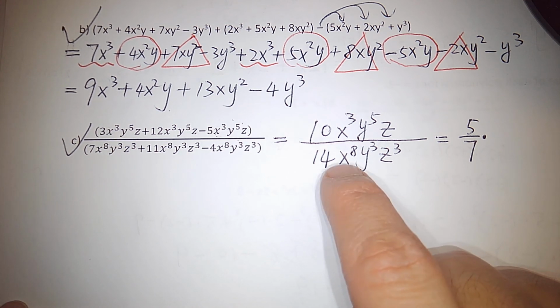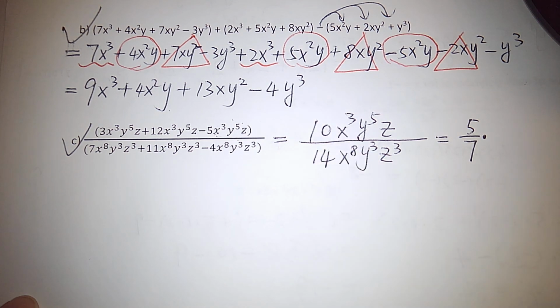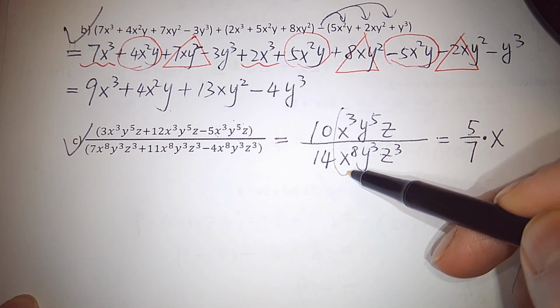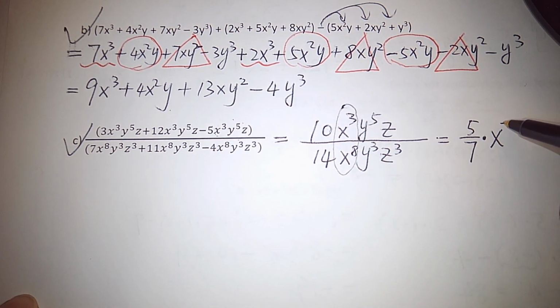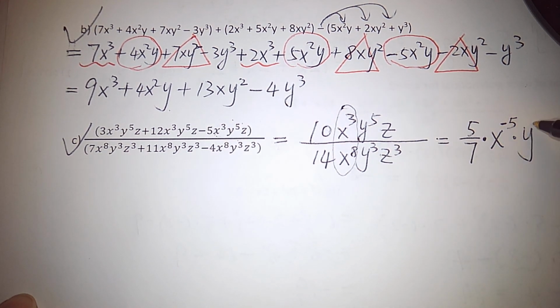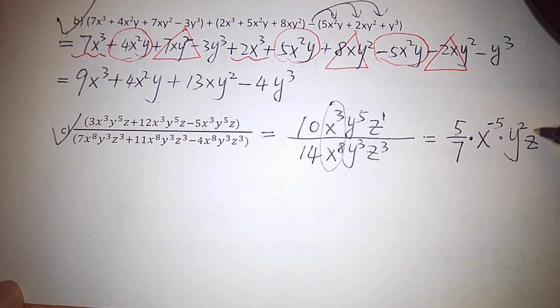Using the quotient rule, remember we learned before, what is the quotient rule telling us? To add or subtract? This is a division, right? Oh, yes, subtract. Subtract 3 by 8 gives us x to the -5, times y to the 5 minus 3 is what? 2. Z to the what? What is 1 minus 3?